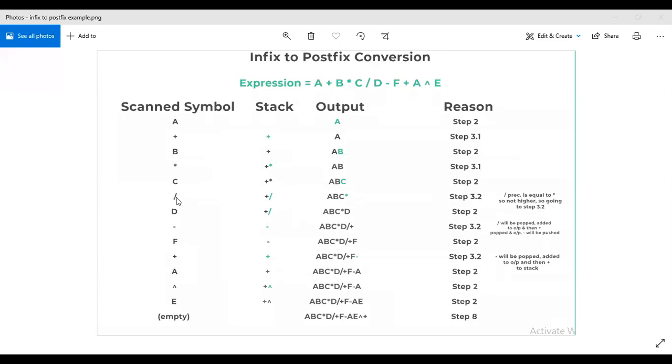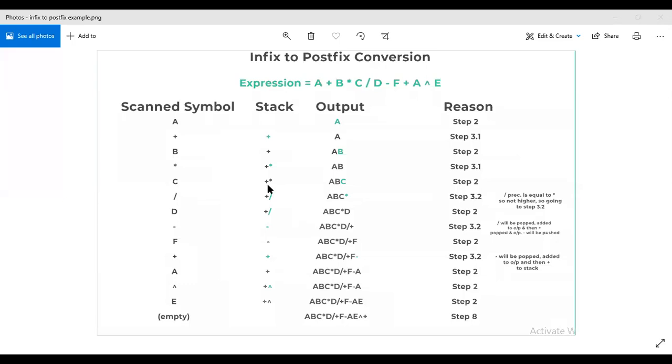So here, I scanned the operator slash, but star is already on the top of the stack. Both are equal. So I will pop star from the stack and print it as output.